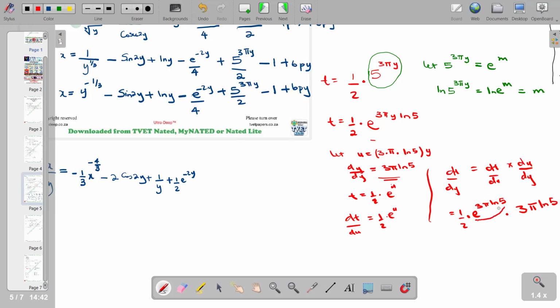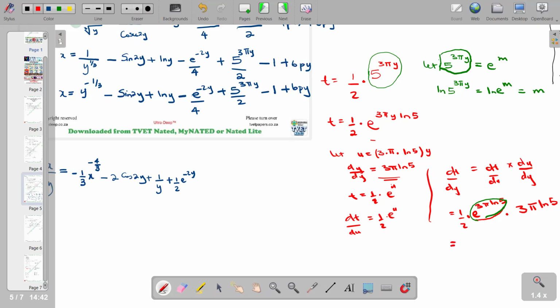So if we are to simplify this, this whole part here, we found it to be 5 to the power 3 pi y. When you simplify this, it's going to give us half times 3.